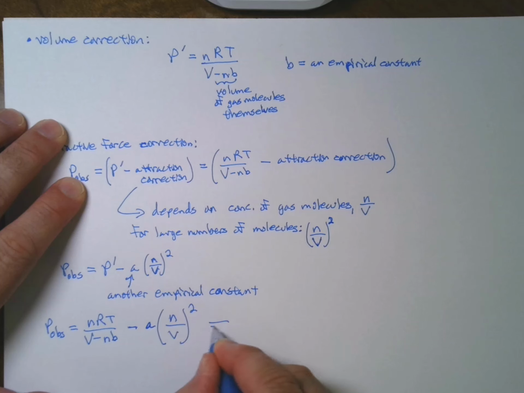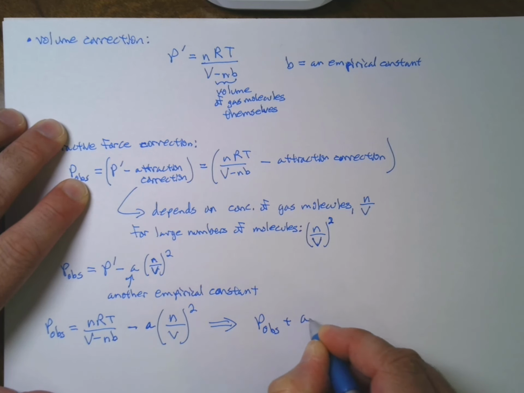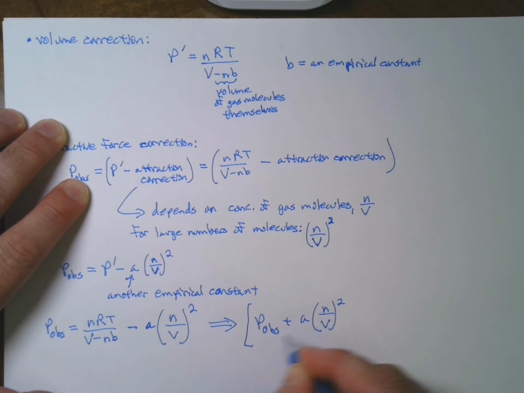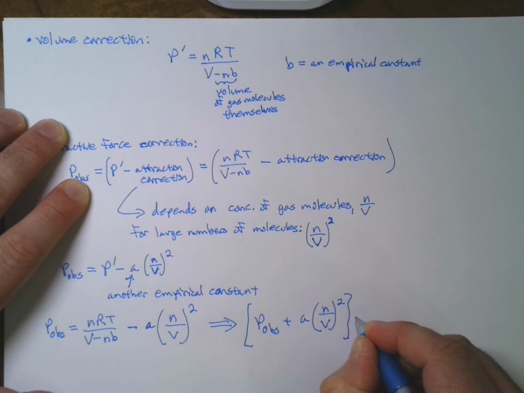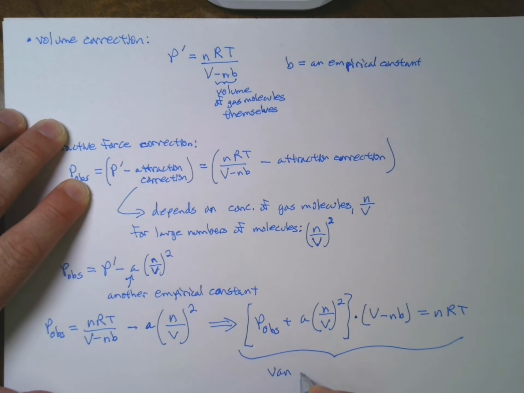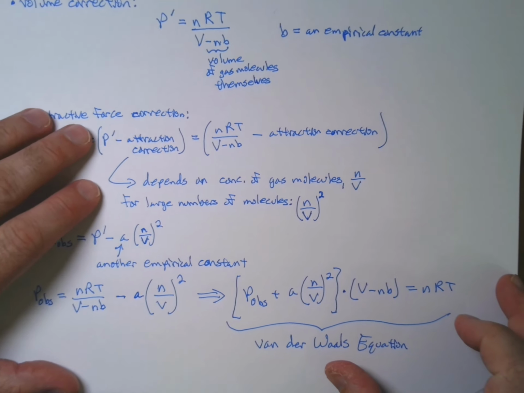And then we rearrange this to get the van der Waals equation, which is going to be P observed plus a times n over V squared, times V minus nb equals nRT. And this is the van der Waals equation.